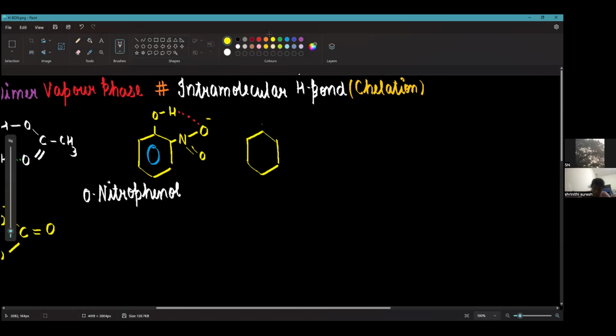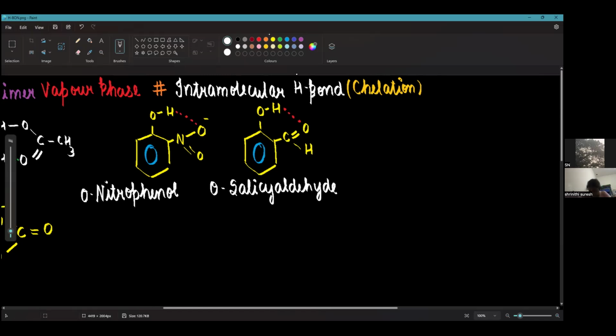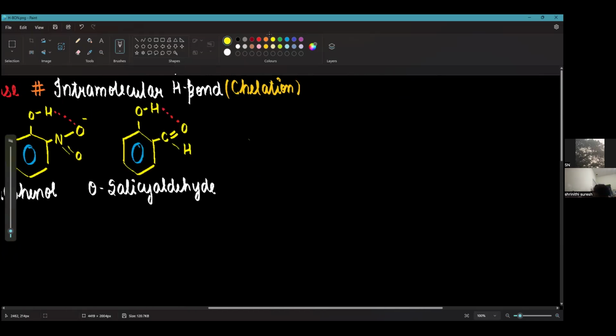Then there is one more example, this one. See this one. This is orthosalicylaldehyde. So this also forms a hydrogen bond. Then there is one more, this one. See.